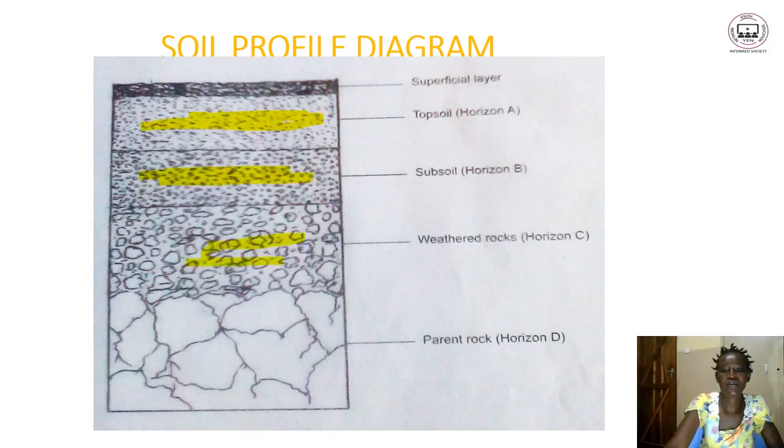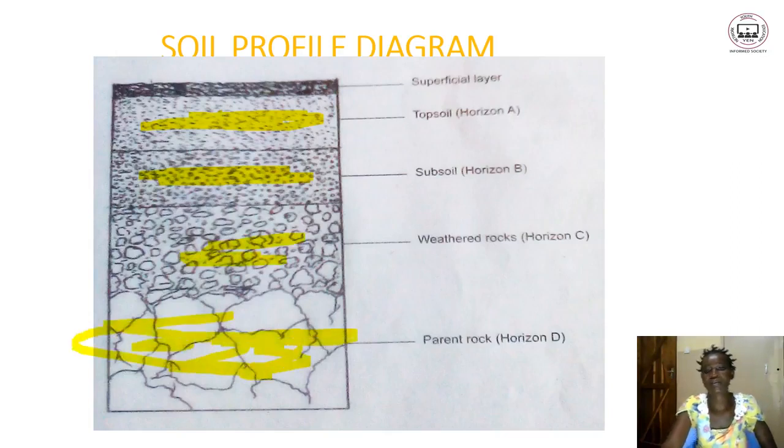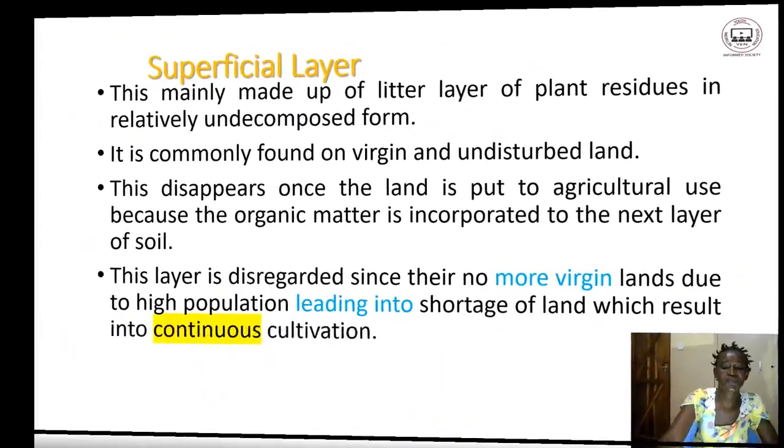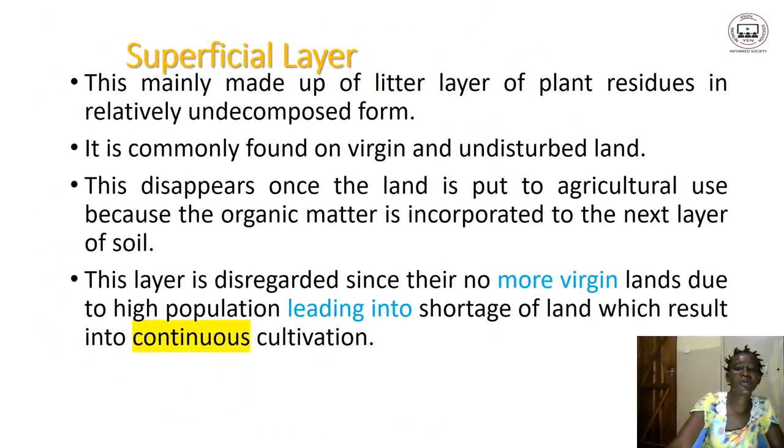Then we have the weathered rocks, and lastly we have some big rocks here, known as parent rock or horizon D. So now let us look into details, more especially on the characteristics of each horizon or each layer which is formed in the soil profile.